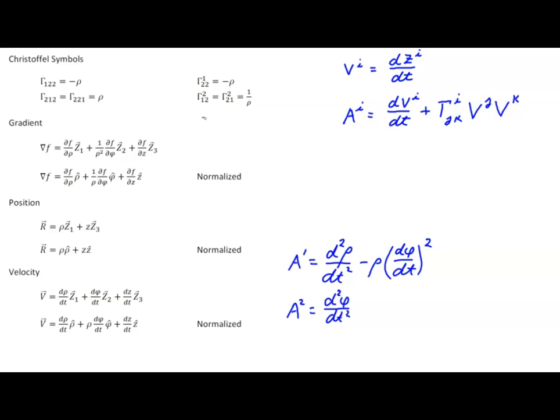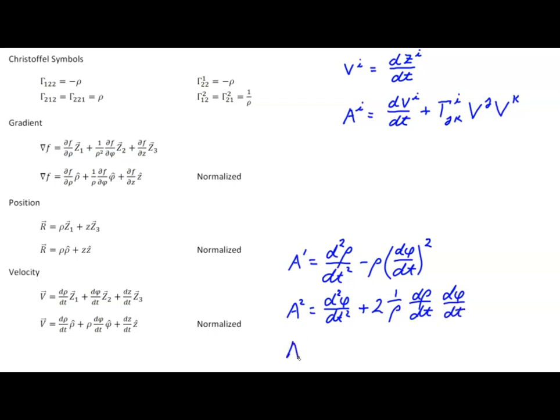There are two of them, but they're going to be identical because we can swap the indexes. So we're going to have plus 2, and the value of the Christoffel symbol is 1 over rho. And then the components are going to be V1 and V2. V1 is d rho dt. And V2 is d phi dt.